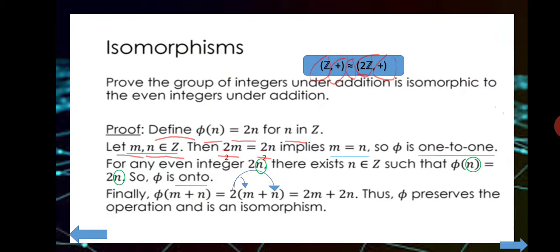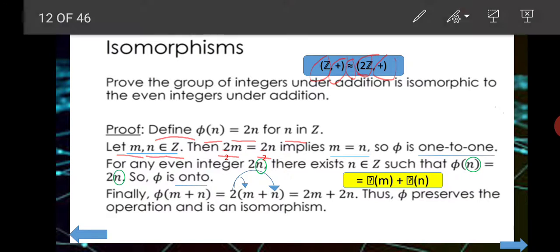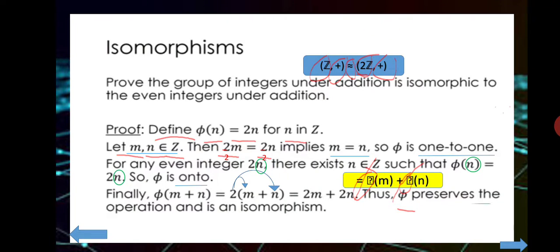And applying the distributive property, we're going to have 2m plus 2n, and that is equal to phi of m plus phi of n. And thus phi preserves the operation and is an isomorphism.